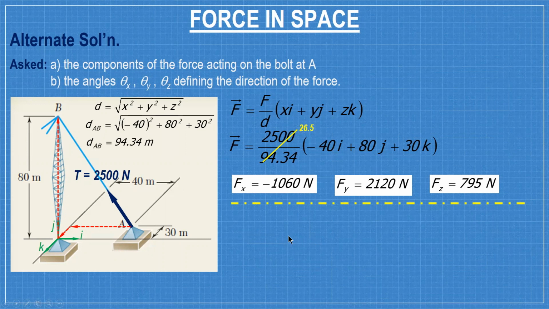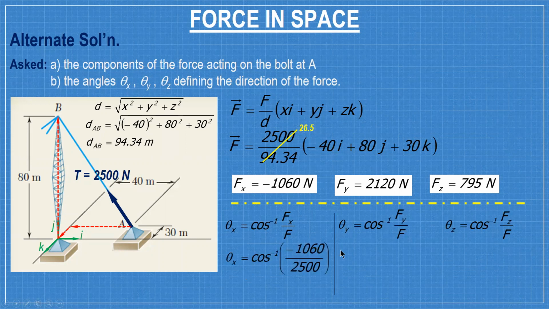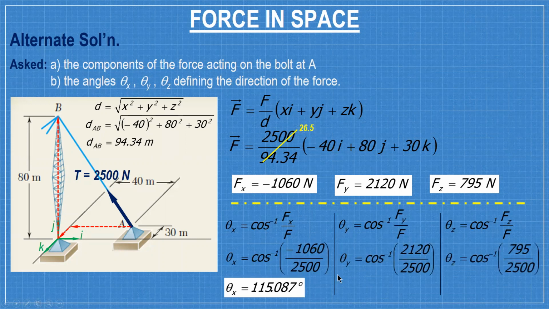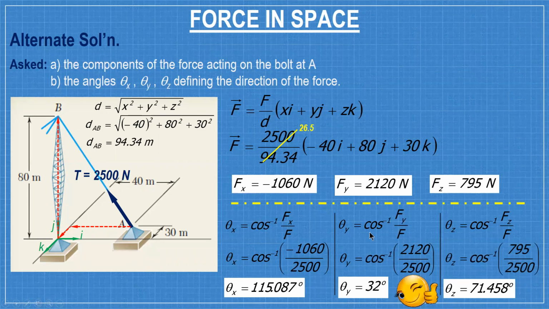And then for the angles, it's the same as in the previous solution. So you can do this instead of getting the individual Fx, Fy, and Fz.